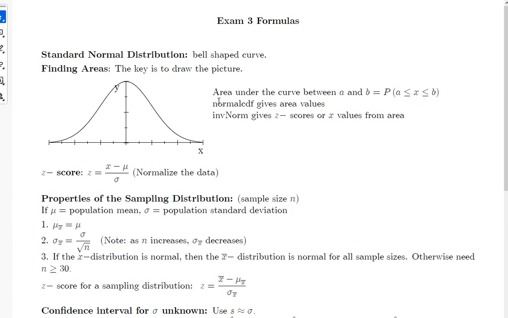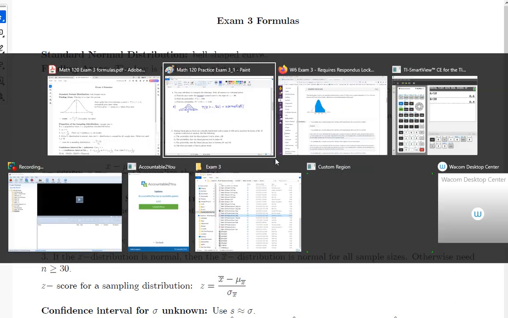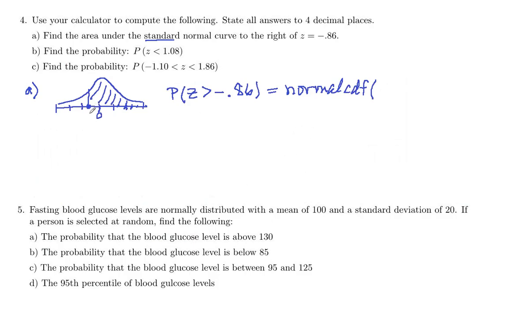Okay, so the syntax is lower bound, upper bound, mean, standard deviation. Our lower bound here is negative 0.86, so that's the left-hand cutoff. The right-hand cutoff goes out to infinity. We'll use a big positive number, 10,000. Mean is 0, and standard deviation is 1 because we're talking about z-scores.